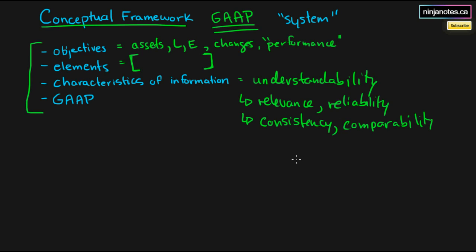And comparability has to do with essentially being able to compare financial statements. So if we were to look at maybe the financial statements of Ford and GM, we'd be able to look at their numbers and kind of evaluate which one is doing better relative to the other. So those are the characteristics of financial information. I've just kind of done a quick summary of that.